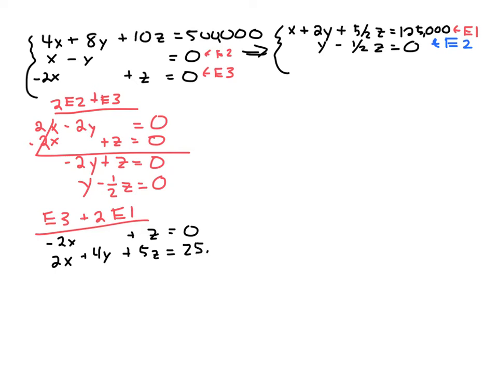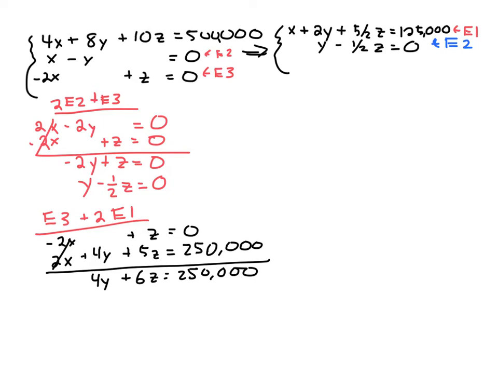I meant to say 250,000. Alright, and let's add these together. These will cancel, and you'll have 4y plus 6z equals 250,000.